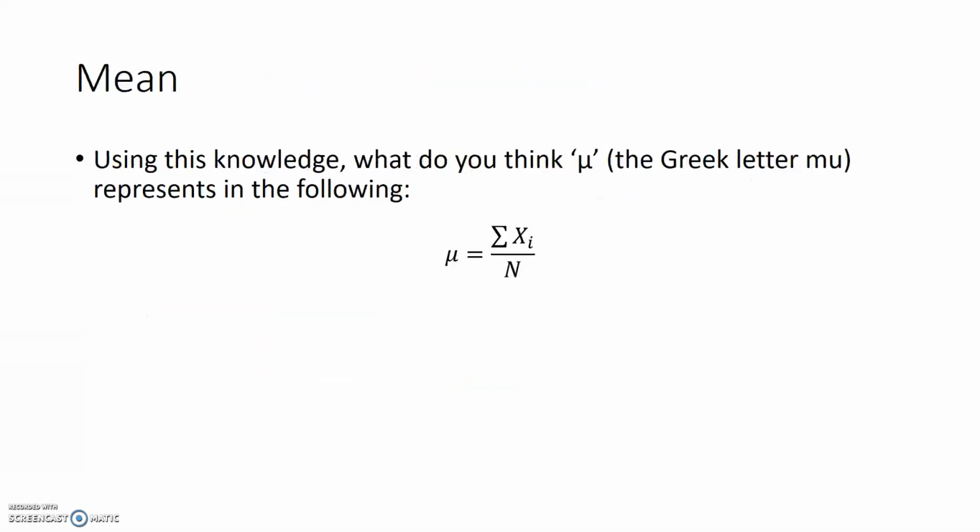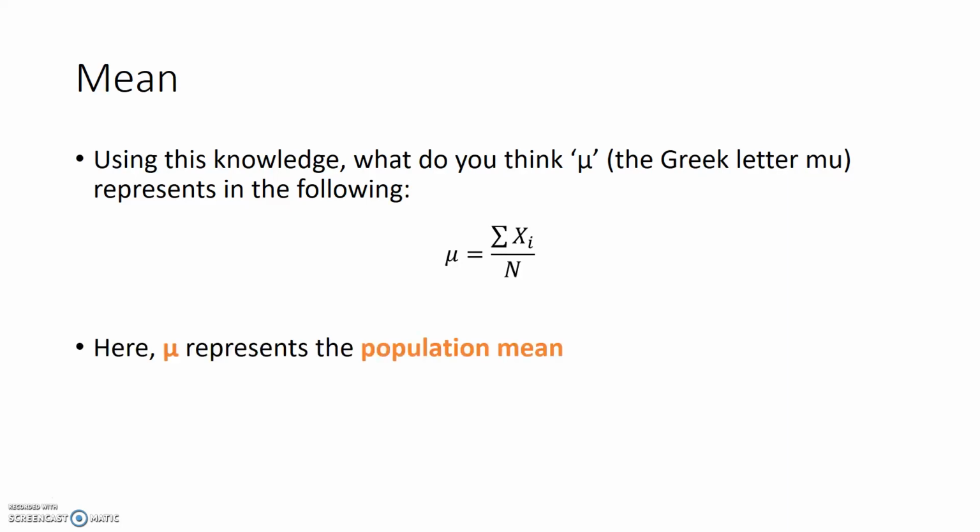Now back to the mean. If we use this knowledge that I just gave you, what do you think the Greek letter mu represents? So mu equals sigma x sub i divided by uppercase N. And while you think of this, the big hint is that it looks exactly the same as what we just looked at, except for that uppercase N and, of course, our Greek letter mu.